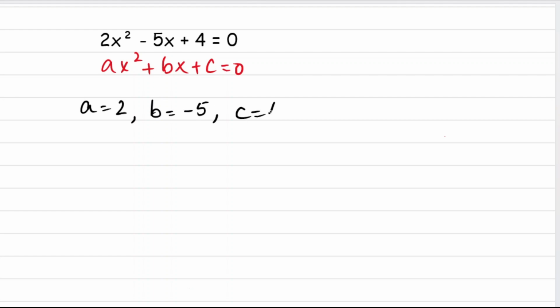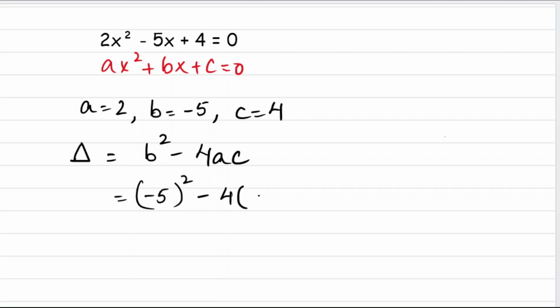Next one. So again, my equation is 2x square minus 5x plus 4 equals 0. On comparing it with ax square plus bx plus c equals 0, A is 2, b is minus 5, and c is 4. Let's calculate delta, the discriminant, which is given by b square minus 4ac. b is negative 5 square minus 4 times a is 2 and c is 4.